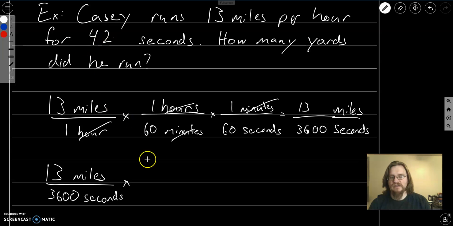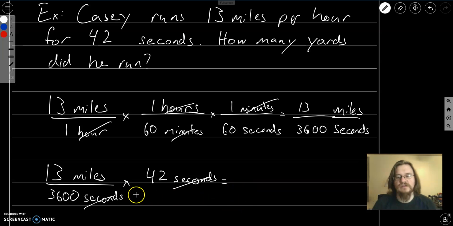So now what I can do is we can go 13 miles per 3,600 seconds, and I can multiply this by 42 seconds, and seconds will cancel. And then what I'm left with, and again, I'm not going to simplify this fraction, and there are reasons for this, but it's a little bit simpler if I don't. So I'm going to think about this as a fraction. Just anything divided by 1 is itself.